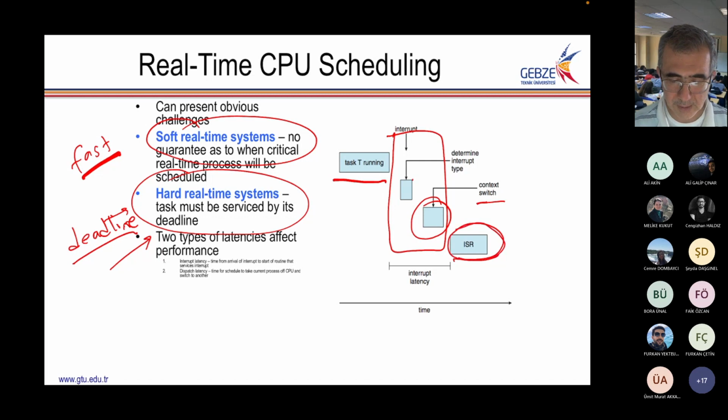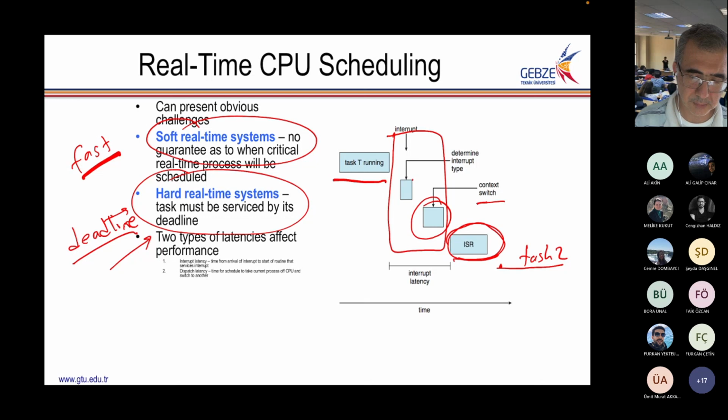The interrupt service routine makes the scheduling decisions, and then task 2 is started after executing the interrupt service routine. I think this is what I did.